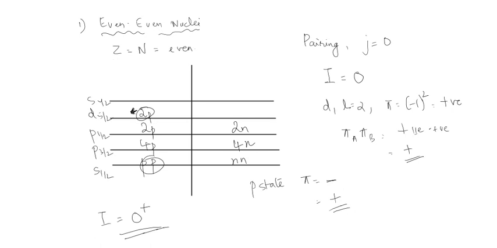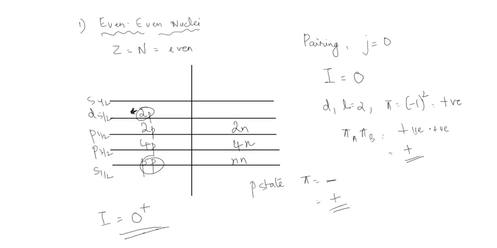This was found to be in excellent agreement with what was observed from experiments. So this model could explain the spin parity of ground states of even nuclei.